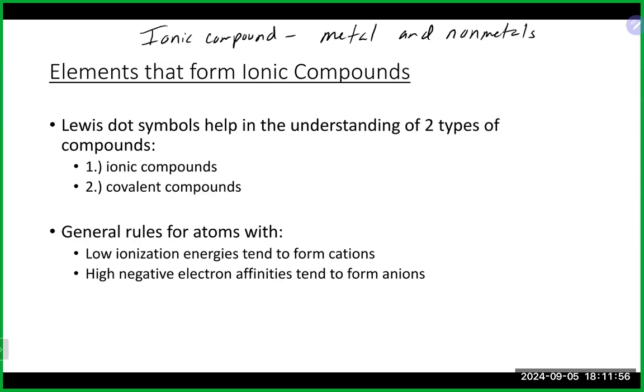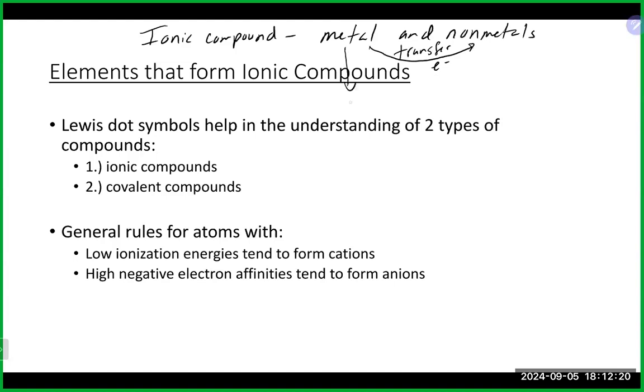Nonmetals, on the other hand, have all the trends that are opposite of that. They want to hang on to their electrons, and they also want to bring electrons towards themselves. So they're more apt to gain electrons. So whenever you get a metal and a nonmetal together, that is what's going to happen. You're going to get a transfer of electrons because of the differences in those periodic trends.